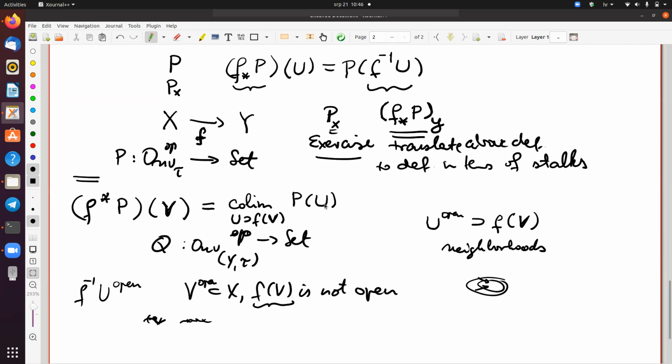So what this means, let's say this in terms of S. What is S? S is again an equivalence class of S from U, U open.